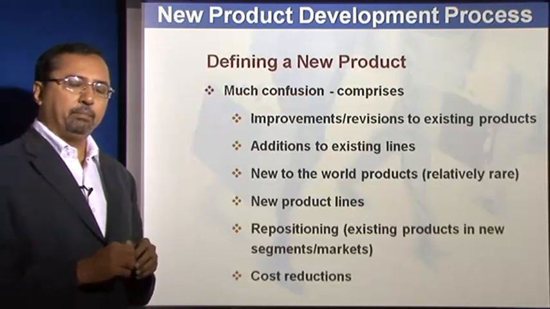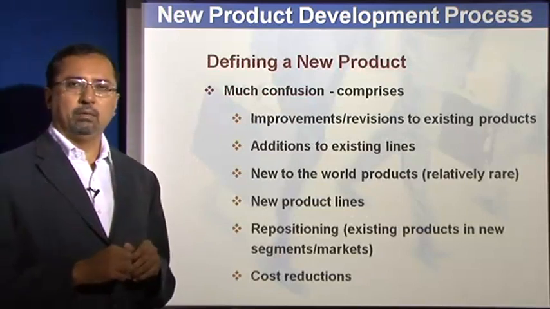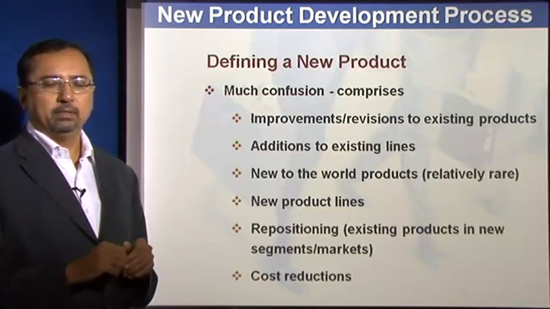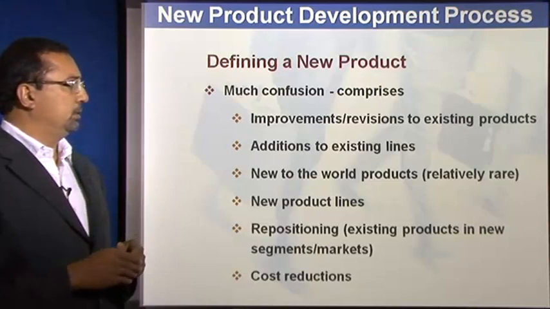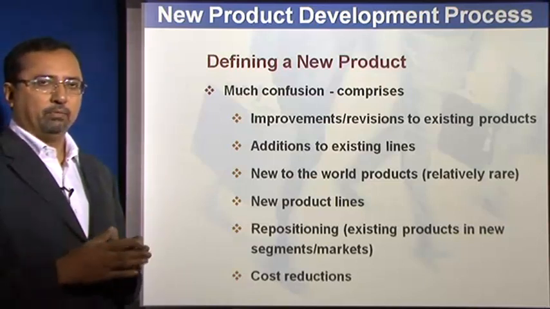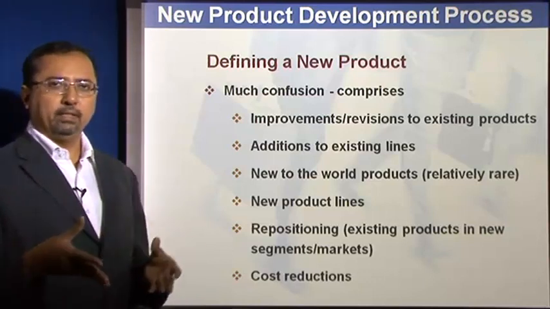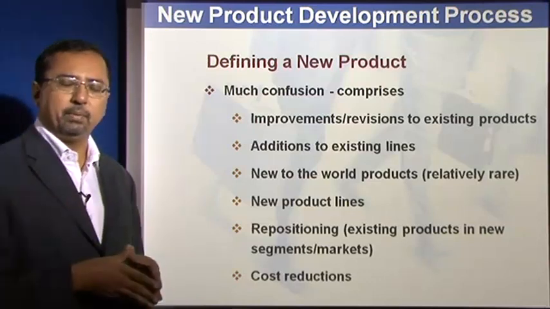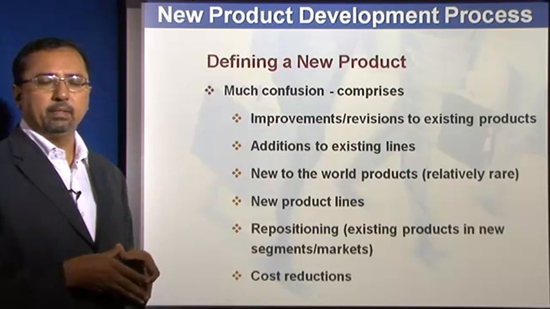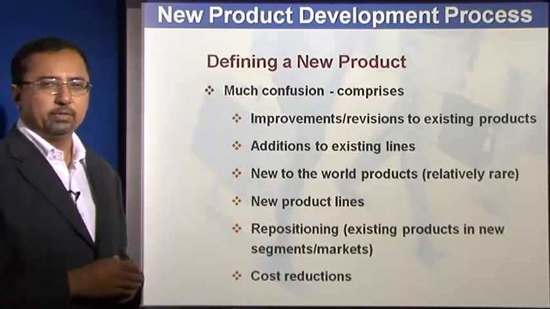So a big problem for many people therefore is what exactly is a new product. There's a lot of confusion because it can comprise so many things. For instance, it can be improvements or revisions to products that already exist, and most innovations today, really, people say, are nothing but incremental or minor modification to what exists.